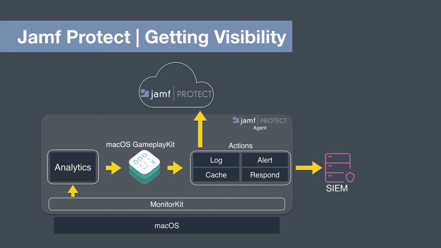The analytics are then introduced to Apple's native GameplayKit logic engine that allows us to evaluate those activities against potential malicious activities of IOCs that you might be used to seeing. As a result, those detections and telemetries are then passed into Jamf Protect's cloud infrastructure for further visibility and assessment. If you are utilizing a SIEM for your environment, Jamf Protect can send that telemetry and detection into your SIEM as well.